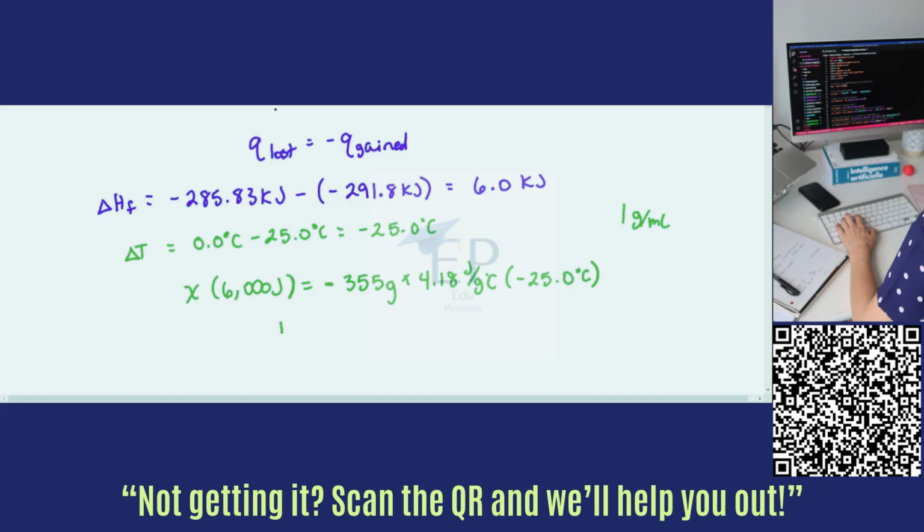So moles here are going to equal 6.18. And this is really moles of our ice or solid water. So I'm going to just multiply that by its molar mass. That'll get me into grams.